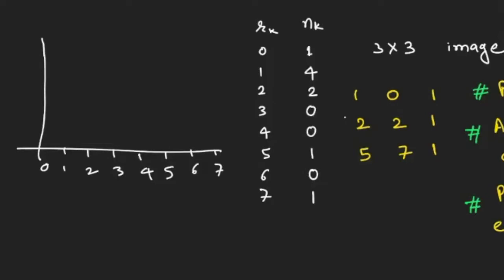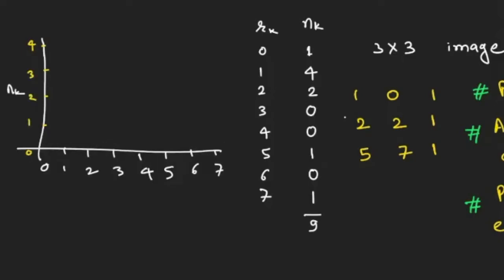So your total NK is also 9. So PK would be NK divided by 9. If I write only in terms of NK, then you need to go only till 4, 3, 2, 1 and 0.